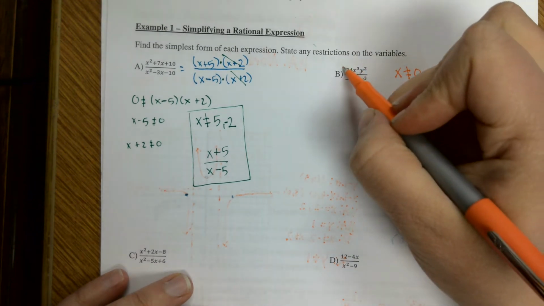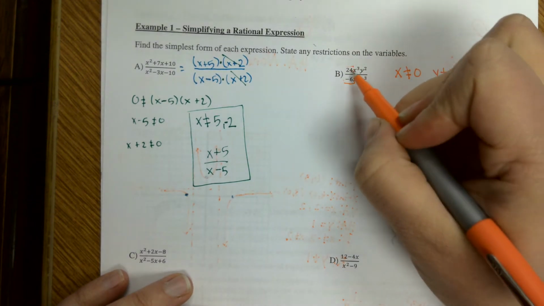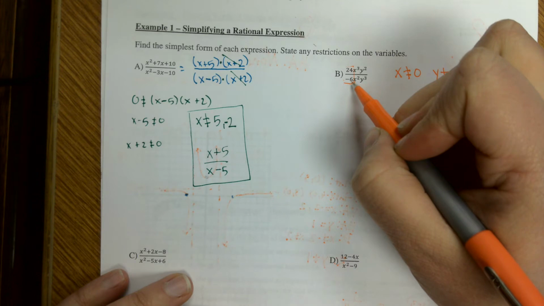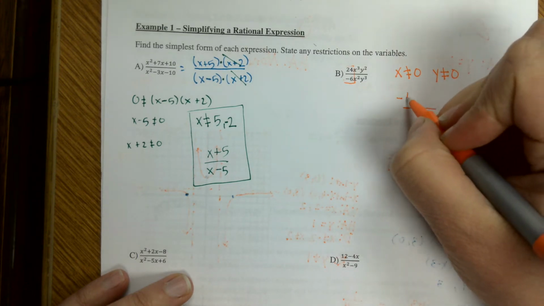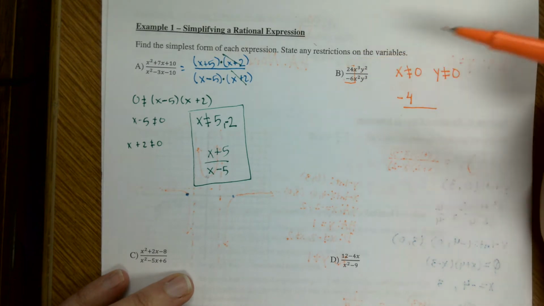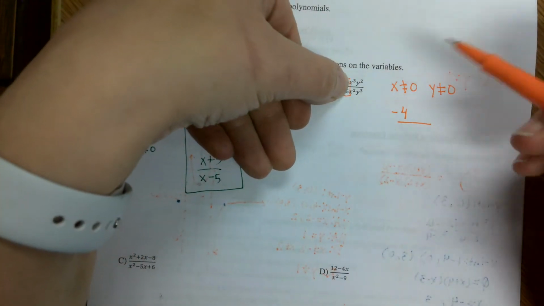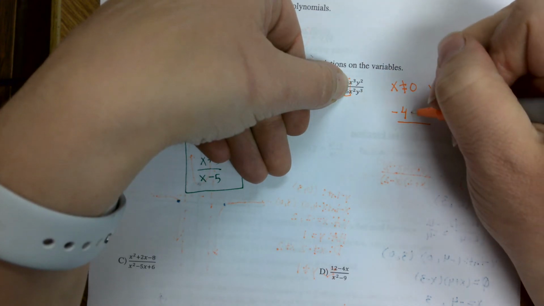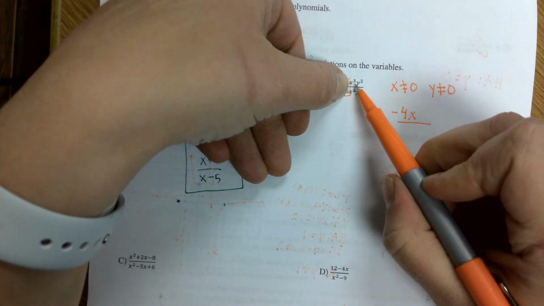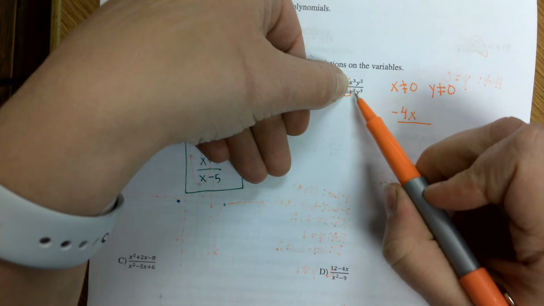So now I'm going to focus on my numbers. 24 divided by negative 6 will give me a negative 4. Now when I look at my x's right here, I have more x's on top, and I have to remember back to chapter 6: when I have division with exponents, I subtract them.